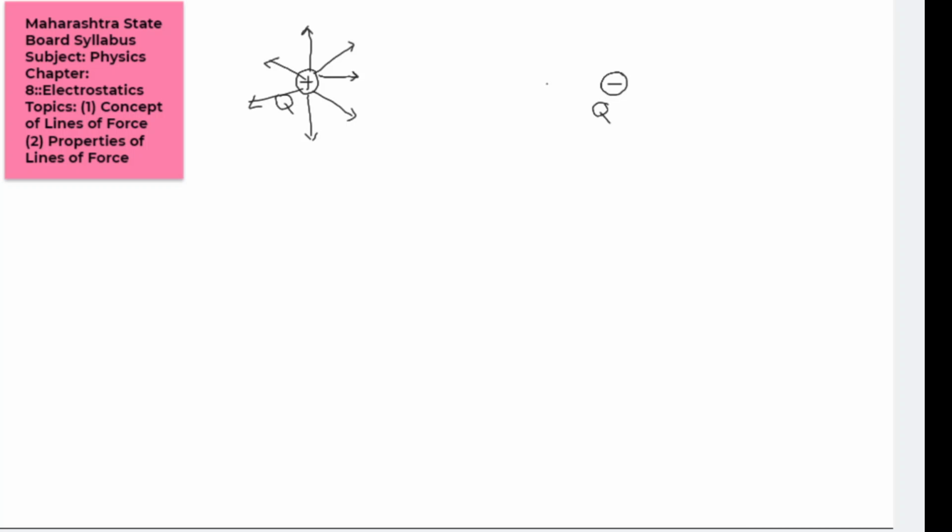Similarly, if the test charge is kept in the field of the negative charge, we show all the lines of force which are towards the negative charge.